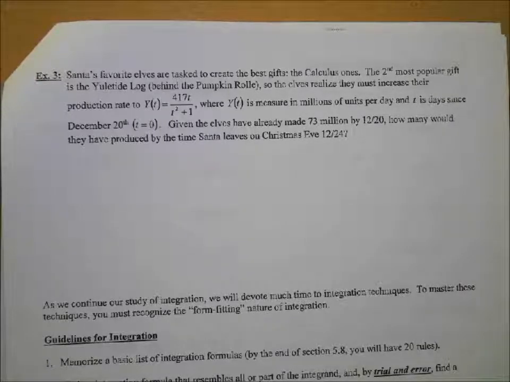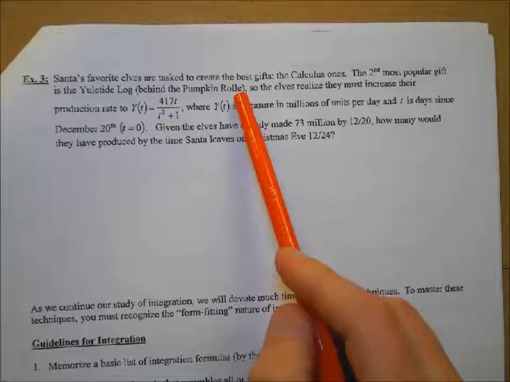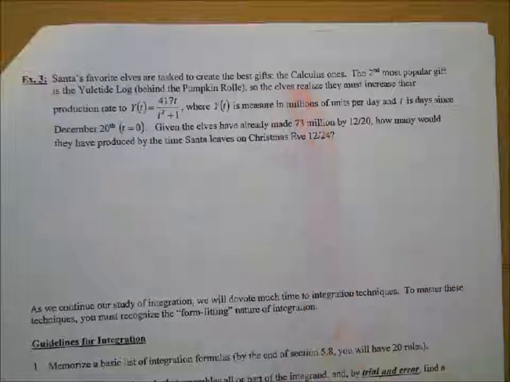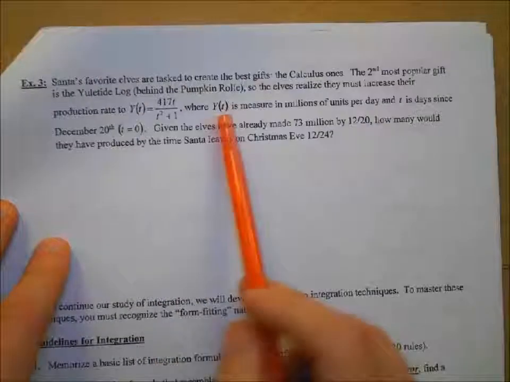The second most popular gift is the Yuletide log behind the pumpkin roll. See, it's spelled like Rolle's theorem. Anyway, the elves realize they must increase their production rate to this, where y of t is measured in millions of units per day.